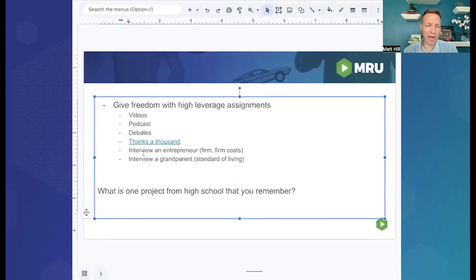This is another one that I like to do, where I have them interview a grandparent or someone elderly about what the standard of living was when they were the student's age. Have the grandparent think back to 16 or 17 years old, what did their daily life look like? There were often no washing machines, or they had to hand wash things.